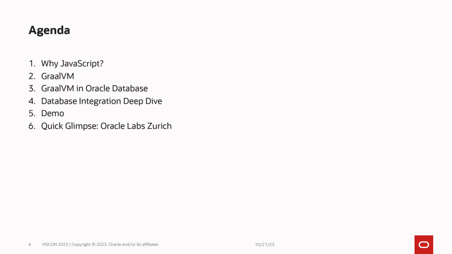We also have a quick demo where we show you that this thing is actually real, that it's in the product, an actual release product and not just a research prototype anymore. And in the very end, I'll spend very few minutes on telling you what else we do in Oracle Labs and about our internship program and all of that.